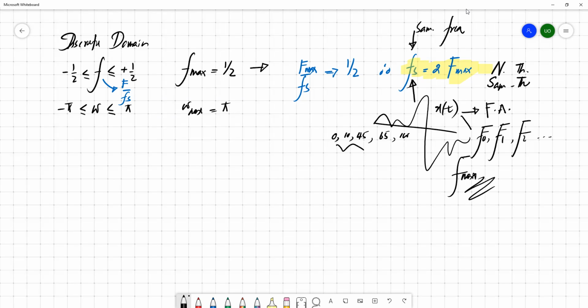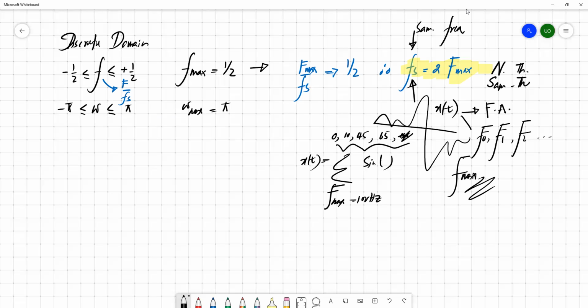These 5 frequency components contribute to x(t), which means there are 5 different sinusoids having different amplitudes, and if we sum those 5 components together, you will end up with this x(t). The sum of these sinusoidal components gives x(t). Okay, so this is the Fourier analysis. Then the maximum frequency component embedded inside this x(t) is 100. F max is 100 Hertz.